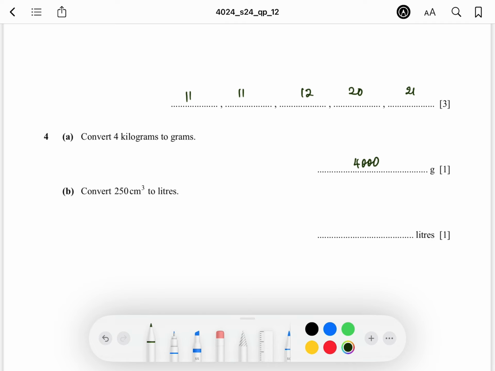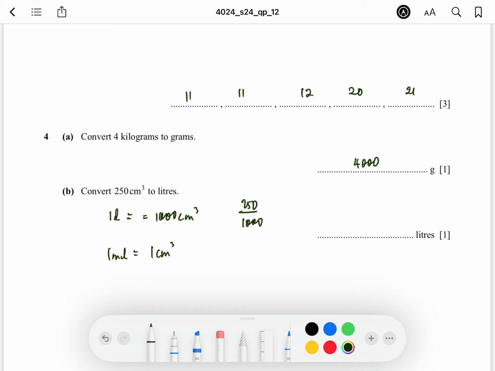This one is what people do not know. The conversion of 1 liter is the same as 1000 milliliter, which is also equivalent to 1000 cubic centimeter. Milliliter and cubic centimeter are equivalent. 1 milliliter is the same as 1 cubic centimeter. So that means you divide 250 by 1000.